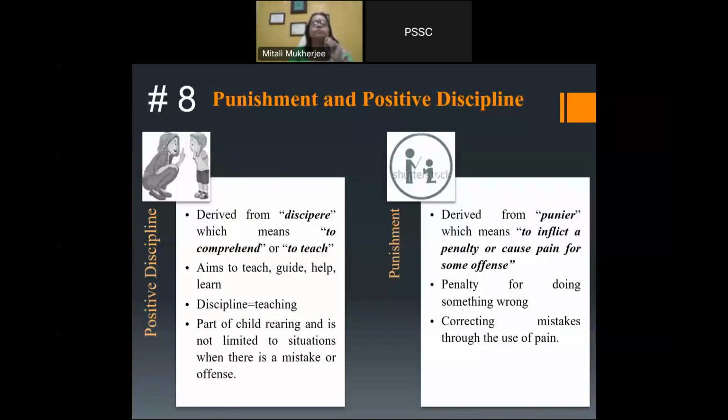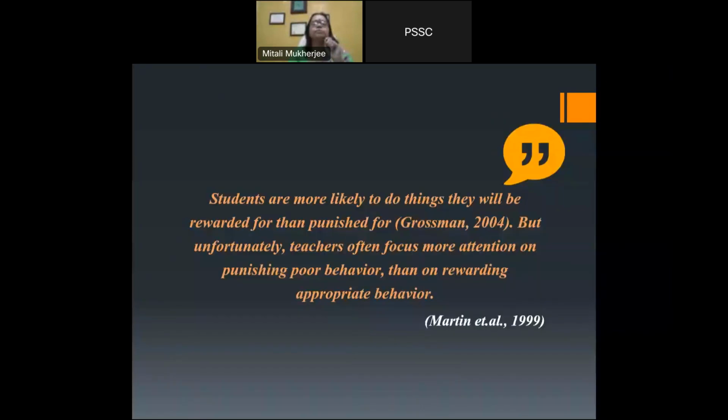What helps is positive reinforcement. Students are more likely to do things they will be rewarded for than punished for. But unfortunately, teachers often focus more attention on punishing poor behavior than rewarding appropriate behavior. So once behavior goes unnoticed, rewards will help, punishment will not help.